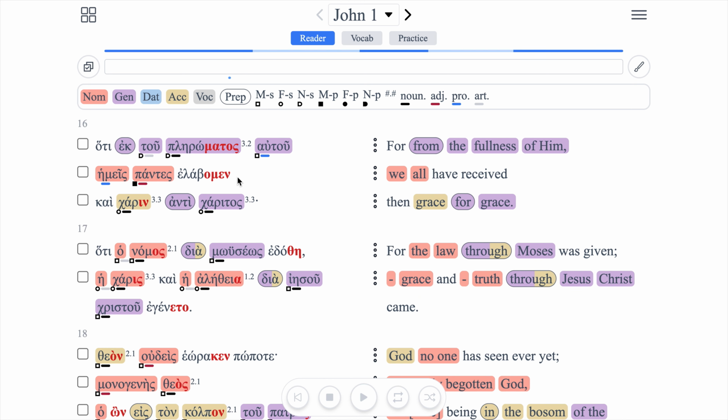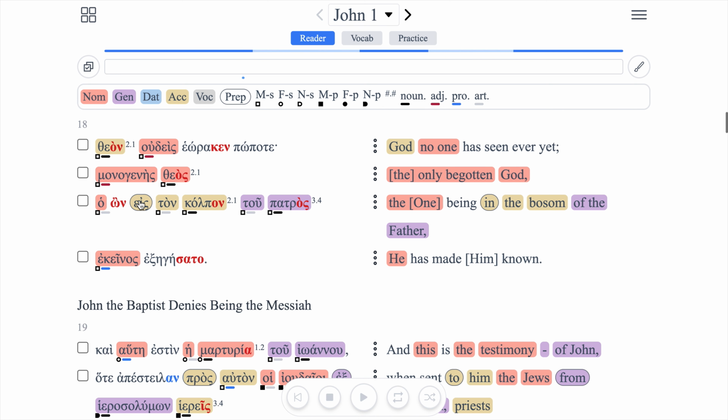In 16, imis pantes elavomen, we have all received what? Grace, accusative. In 18, theon udis eoraken popote. No one has ever seen what?